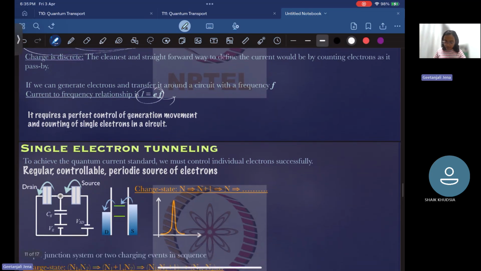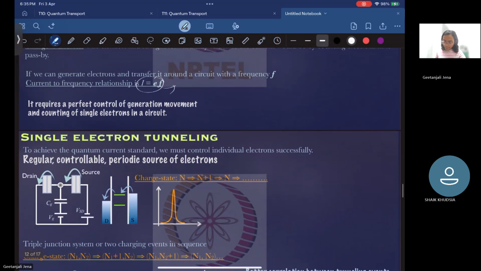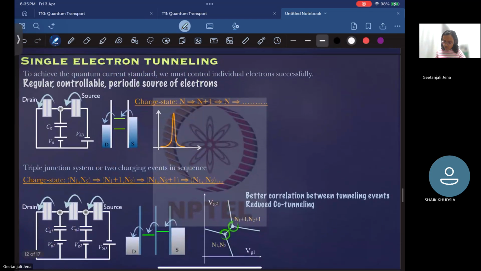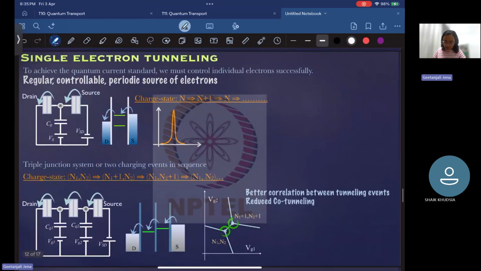Okay. So in the next part, to measure the currents and to transfer the current so that you can count the currents, one of the best techniques that you can use is single electron tunneling in a single electron transistor.